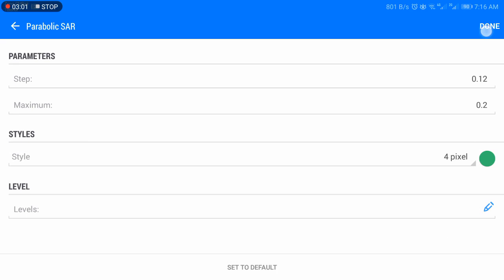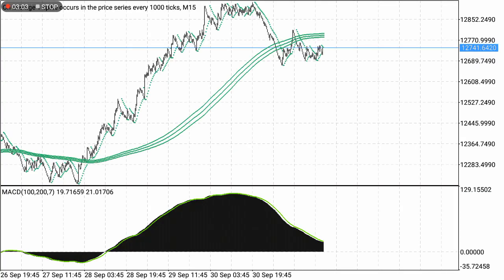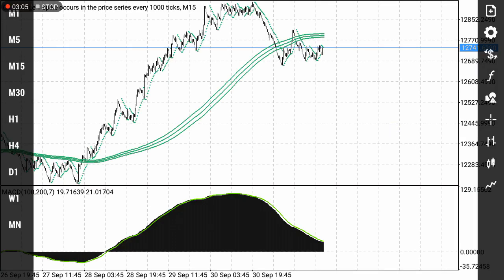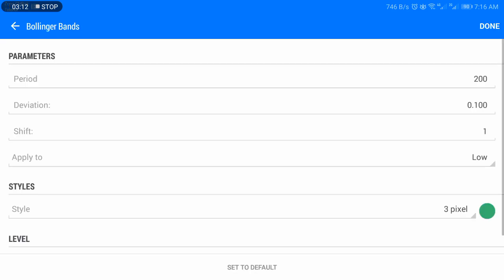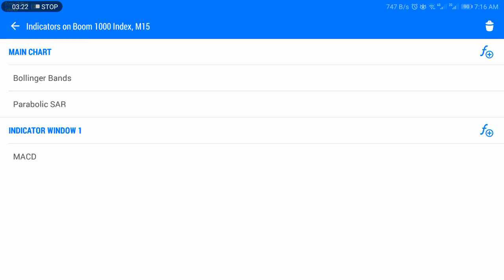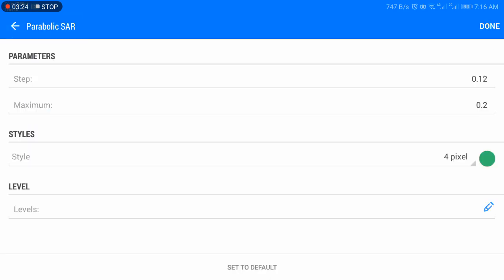Okay guys, and look here, done. And now it's time to click on MACD. So remember, I will repeat that first: 200, 0.100, shift will be 1, apply to low, pixel 3 and done. Okay, Parabolic SAR step will be 0.12. What is the meaning of step?